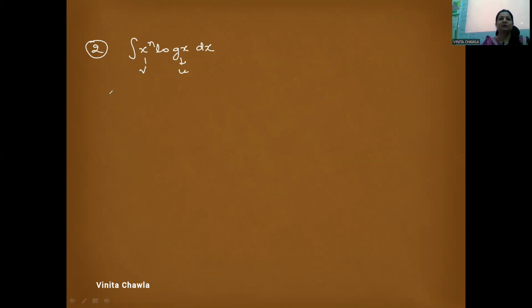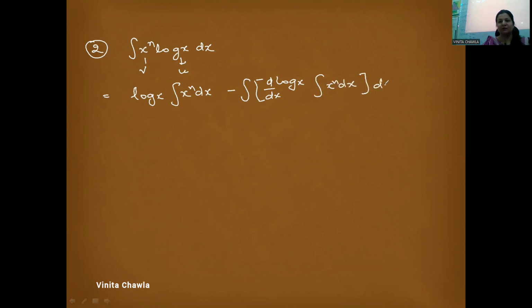So first we'll write u, and then we integrate v, then minus sign, then integration, square bracket, and we differentiate log x. Write this part as it is, x^n and dx, bracket close, and dx. This is how we write it, right?